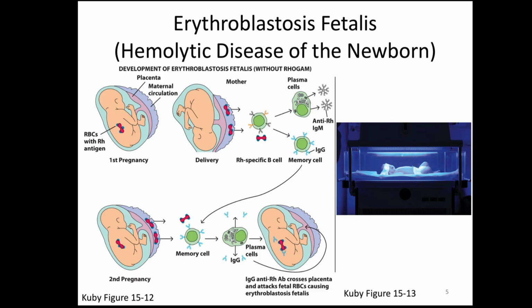No, because she's Rh minus, right? But it's possible that she could have an Rh positive fetus. Perhaps her partner was Rh positive, gave the fetus the Rh gene, and so she has an Rh positive fetus. And so we could imagine a fetus that has the Rh antigen in a mom who is Rh minus. At some point during delivery, mom is going to get a little bit of exposure to baby's red blood cells.